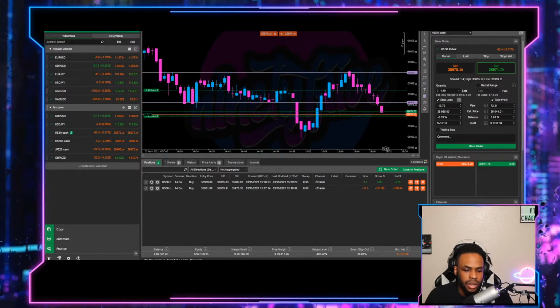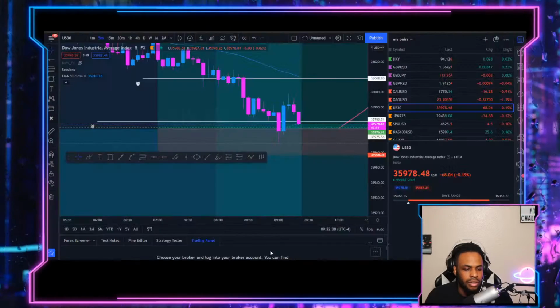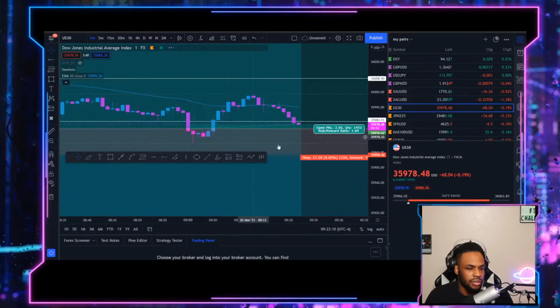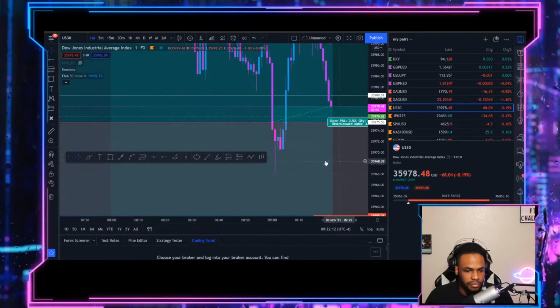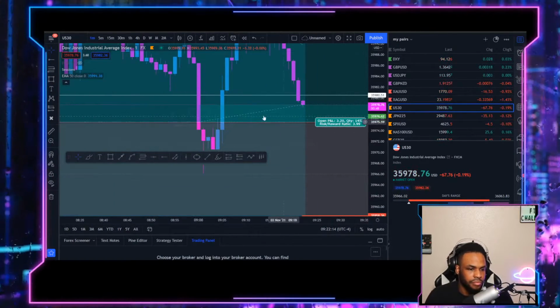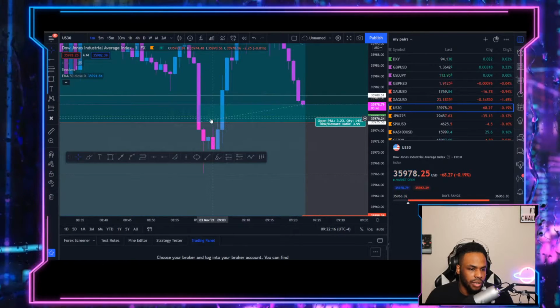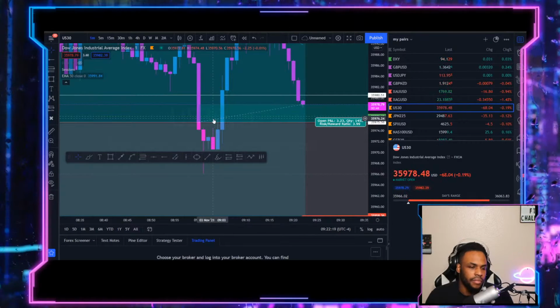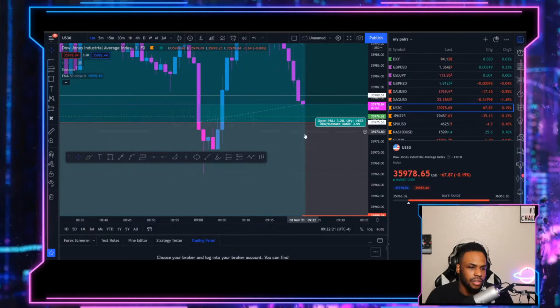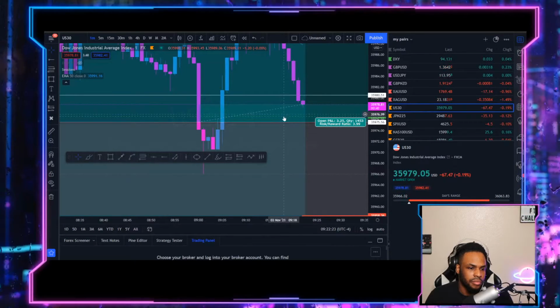This thing is like gapping down. I don't know why MetaTrader looks like that, or cTrader looks like that. Yeah, ideally, this is a good place to have stop loss, 35976. But we'll see. We'll see.